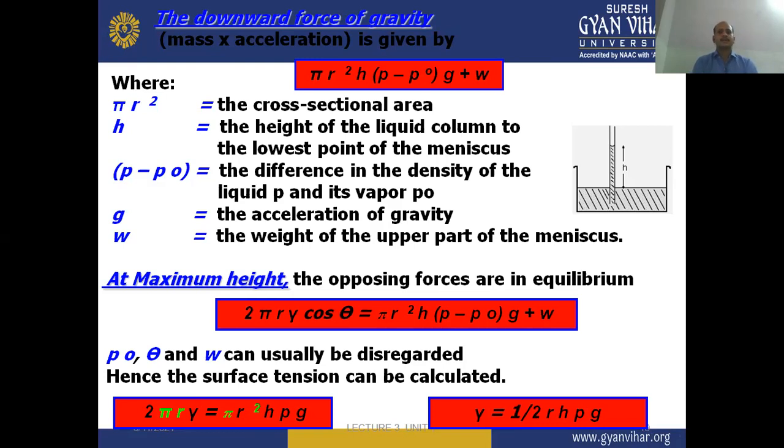And g is the acceleration of gravity. The weight of the liquid in the upper part of the meniscus is expressed by w. The opposing forces are in equilibrium.